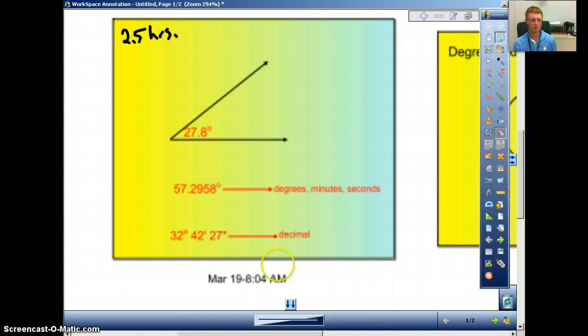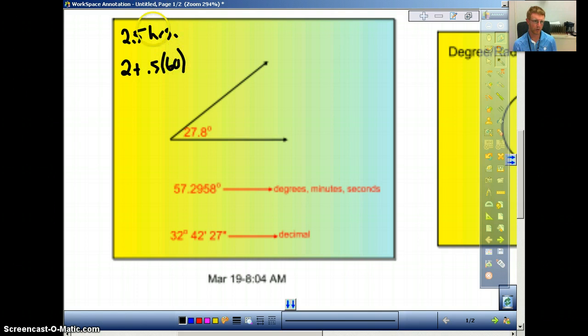So if we wanted to convert this, we would say 2, plus 0.5 times 60. And then we'll see if this gives us a whole number, which it does. It's 30. So that means we have 2 hours and 30 minutes.